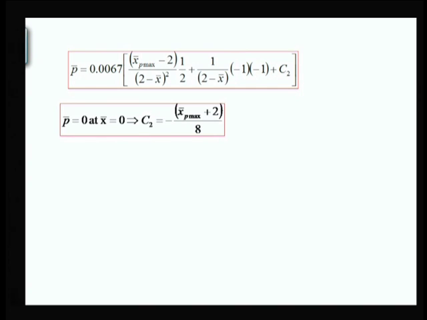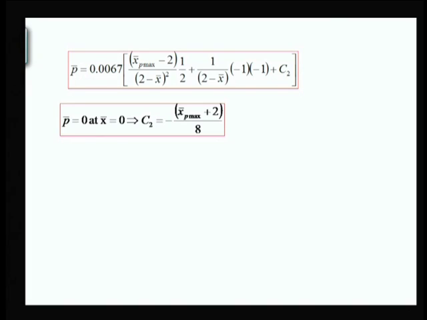Similarly, we have another constant C2 which is also not known to us. So, these can be determined by pressure boundary conditions. That means we require 2 pressure boundary conditions, and we know that at the entrance and exit the pressure will be 0. So, we have 2 boundary conditions, and there is a definite solution.